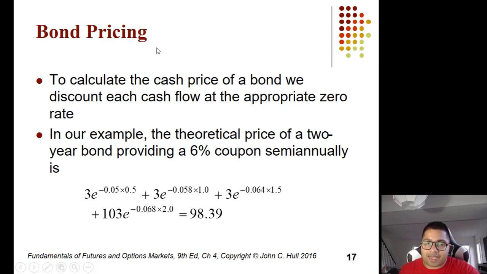Whenever you are pricing bonds, to calculate the cash price of the bond, we discount each cash flow at the appropriate zero rate. In our example, the theoretical price of a 2-year bond providing a 6% coupon is given.